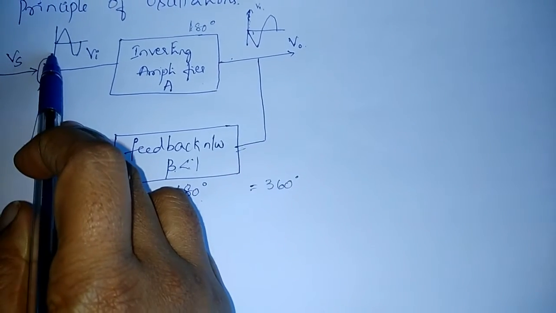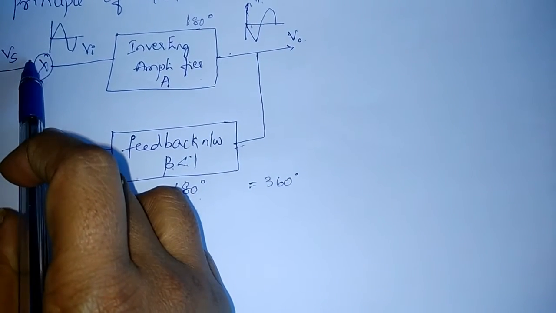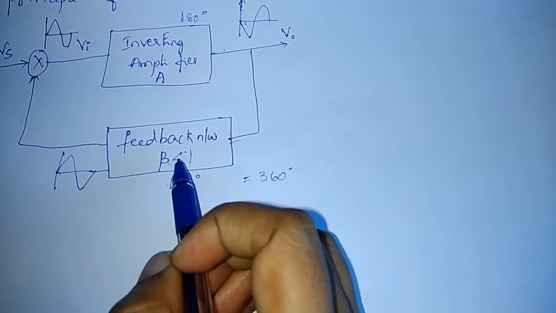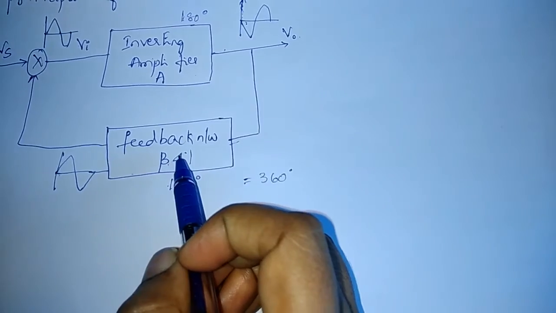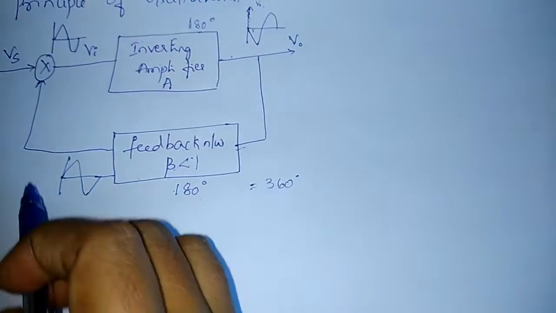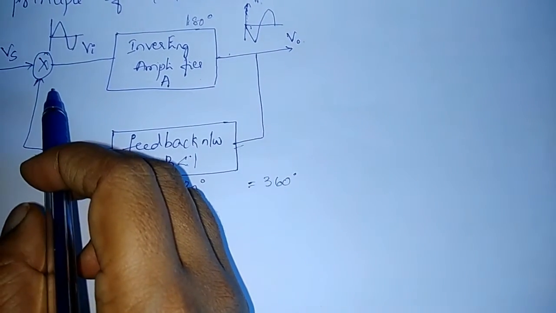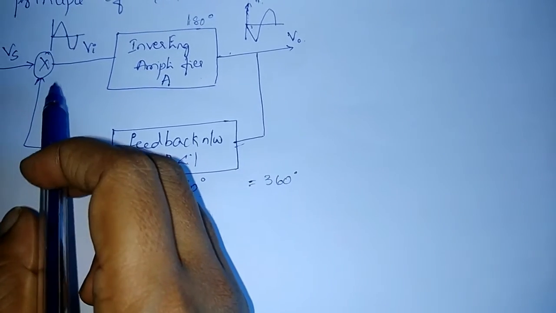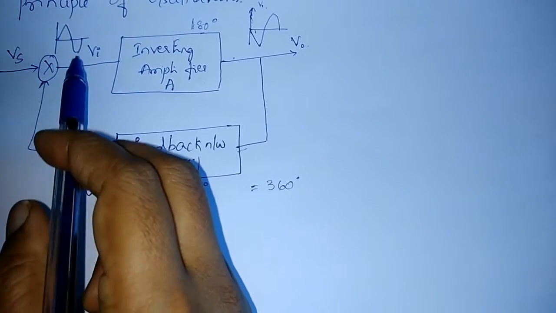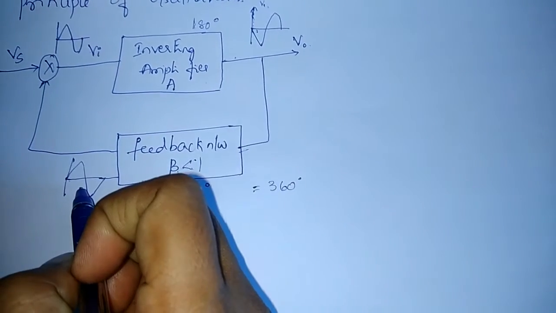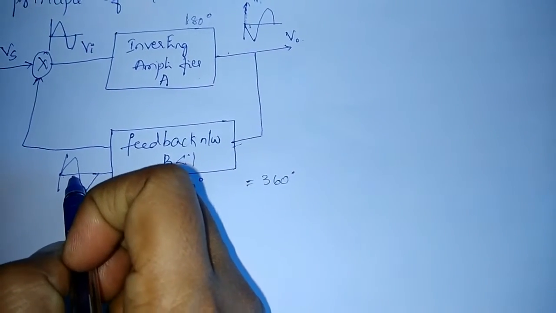This is your Vs. So your feedback provides one more 180 degree phase shift for this output when feeding back voltage from output to input. This ensures that it is positive feedback, correct? Now your input is in phase with your feedback signal, so we are using positive feedback.